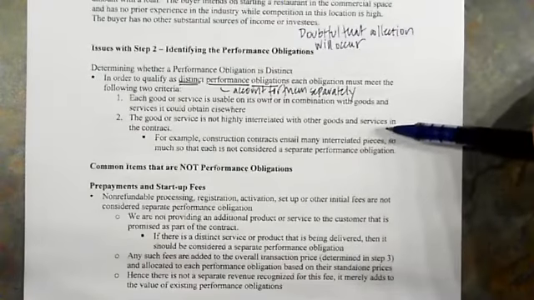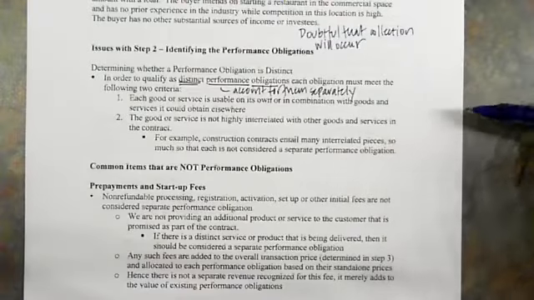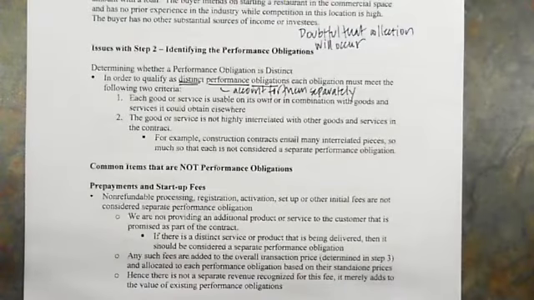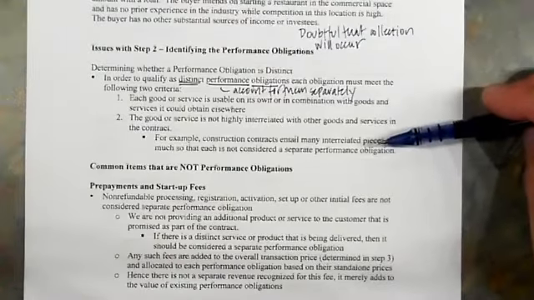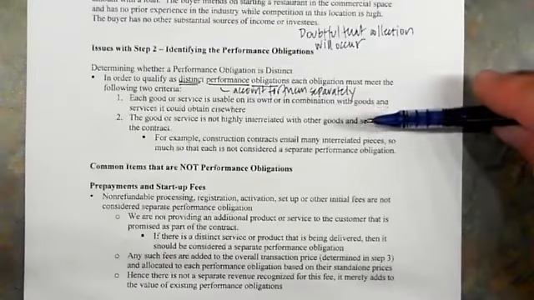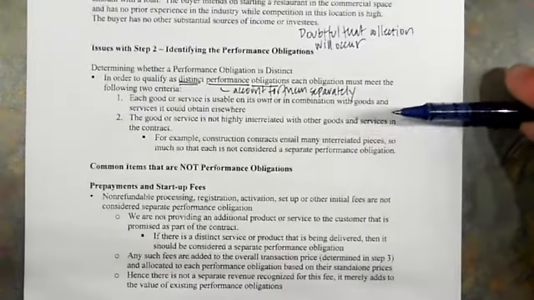Number 2 becomes a lot more ambiguous, a lot harder to really say yes or no to, and requires a lot more judgment. The good or service is not highly interrelated with other goods and services in the contract. And the example that's given typically that says, well, when is a good or service so highly interrelated that it is not distinct?